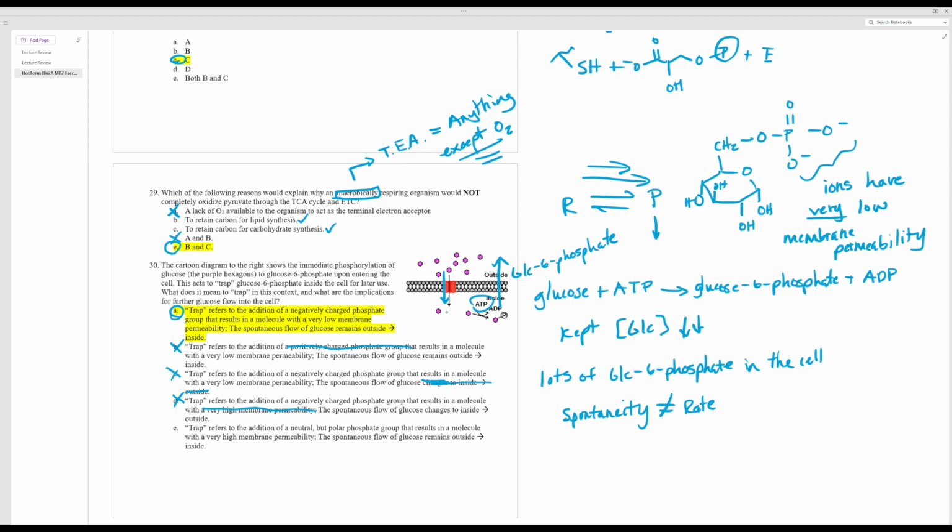And so even if it were true that phosphate was polar but neutral, sticking a polar thing onto an already polar molecule would make an even larger polar molecule, which would make it even less permeable to the membrane, not making it highly permeable. So there's multiple issues wrong with E.